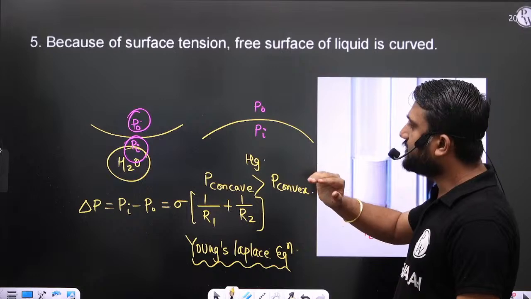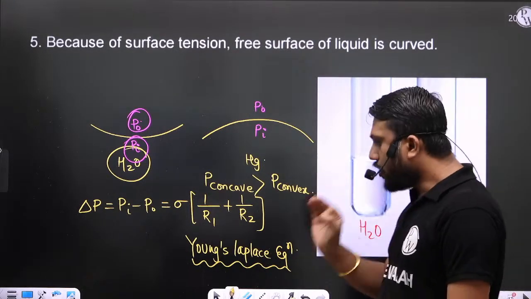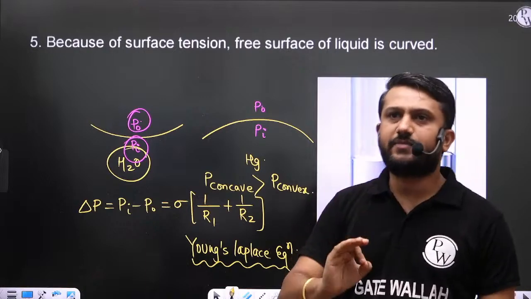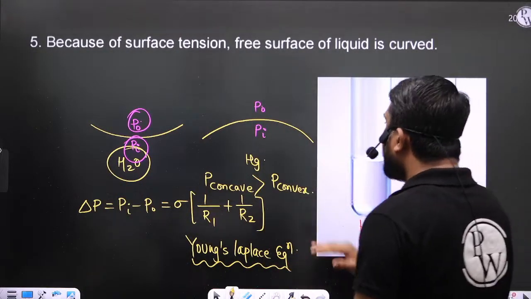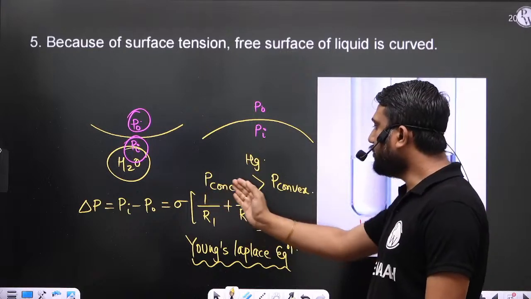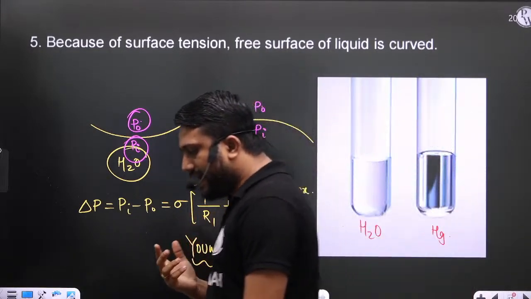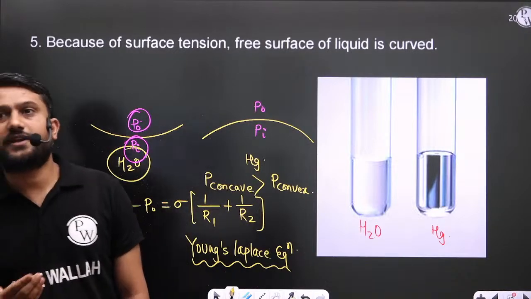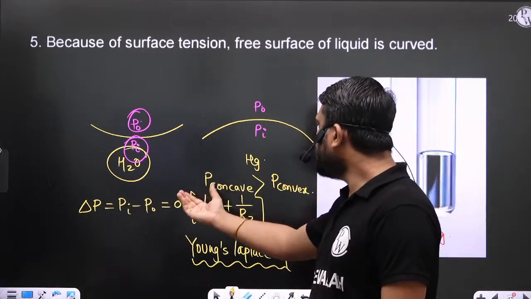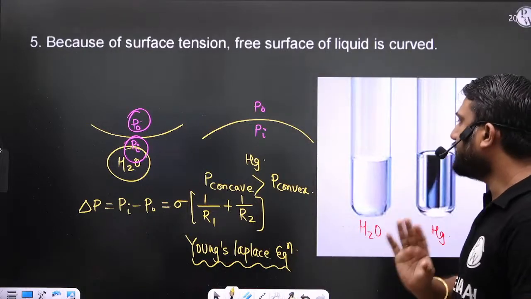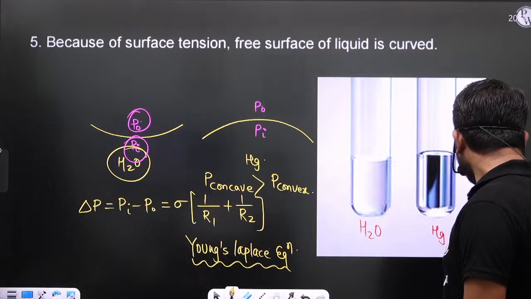The pressure difference is Pi minus P naught. Always remember, concave side pressure is more as compared to the convex side pressure. So we can write Pi minus P naught is equal to sigma into 1 by R1 plus 1 by R2. R1 and R2 are the radii of curvature, and sigma is the surface tension.